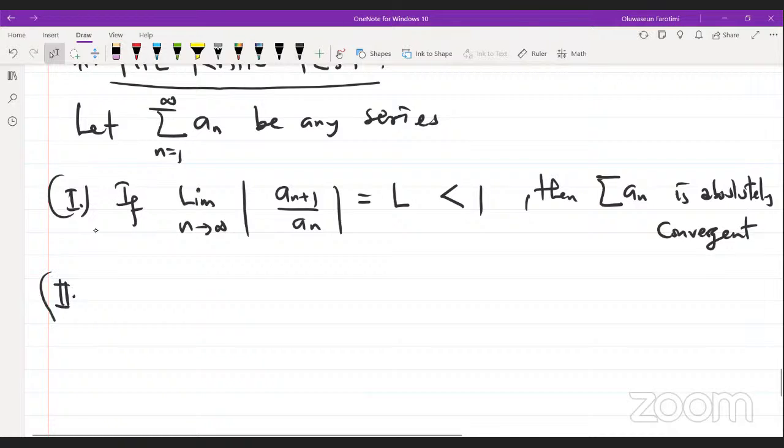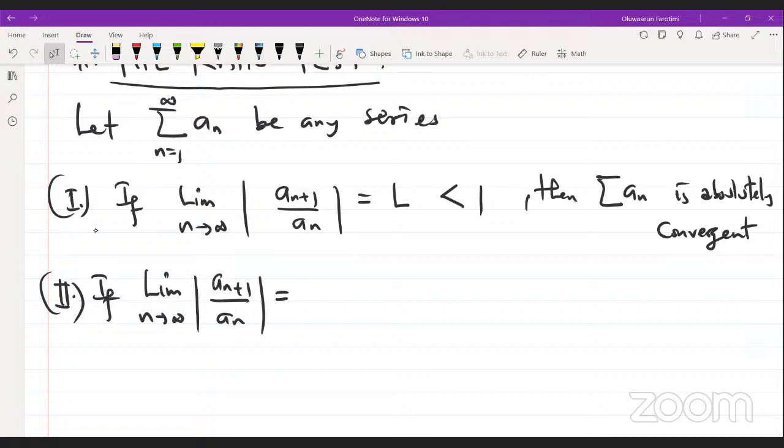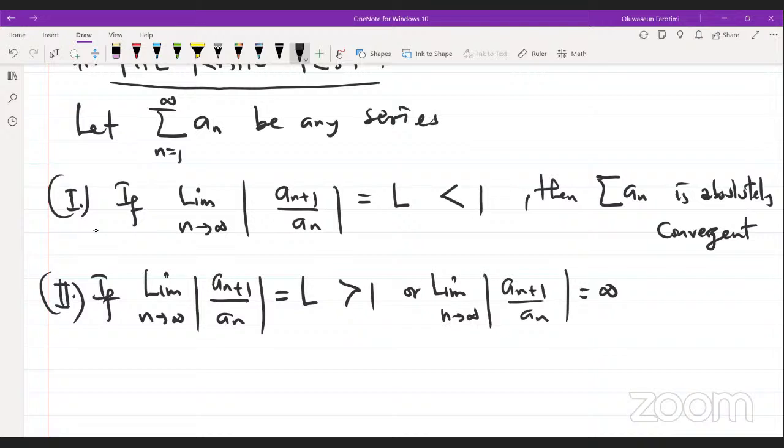What is the second statement of the theorem? Now, what we are actually measuring is this guy. We do the same thing. If it gives me a limit that is bigger than 1, or perhaps if it just gives me infinity, then now think about it. When you have infinity, what do you expect, guys?